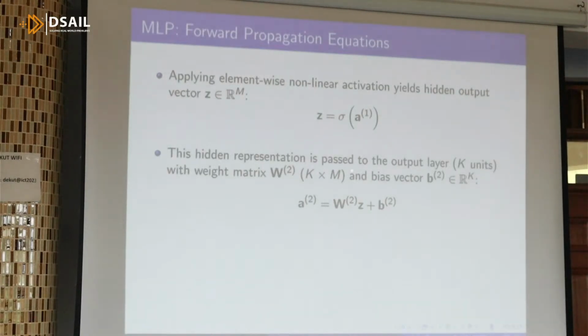And it's important to know the dimensions of your matrices. The dimension of your matrices will always be the number of units in the next layer by the number of units in the current layer. So if your next layer has 2 neurons and the current layer has 3 neurons, then your weight matrix is going to be 2 by 3, and so on and so forth.